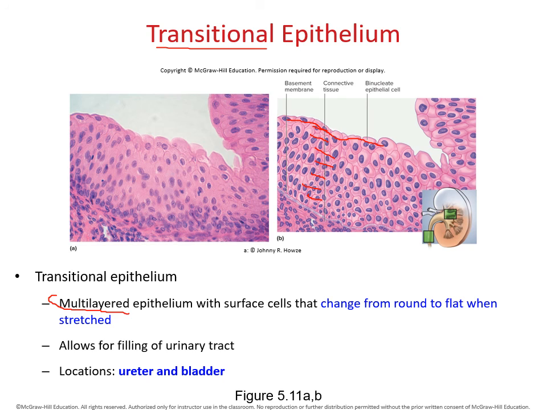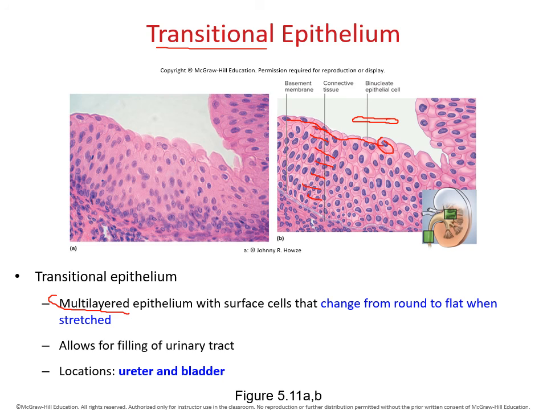But we also know that there's some epithelial tissue in the bladder, and the epithelial tissue will be transitional epithelium because its top layer of cells are able to go from circular, like in the picture, to more of an elongated shape. And when they elongate, they basically increase the lumen or the size of the bladder. So it makes it easier for you to hold onto your urine until it's time to go to the bathroom.